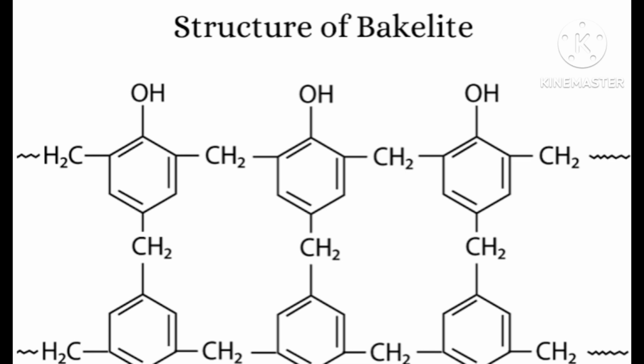Then this CH2, I am talking about ethene, this CH2 that has one carbon, that will join with peroxide, correct? Now this step is actually the initiating step, correct?